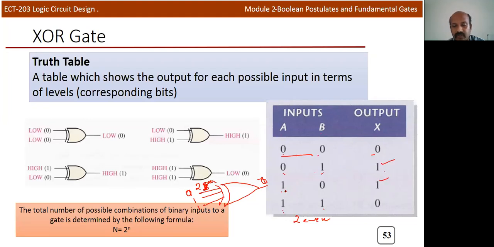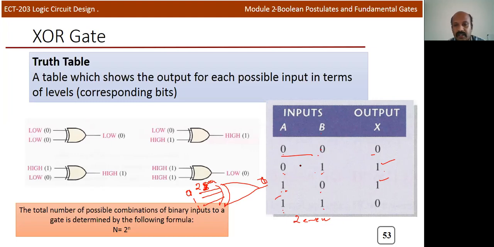Here one input is 1 and the other is 0, so the output is 1, because it detects inequality on the input side. Here both inputs are the same, so the output is 0. In this way also you can define the XOR gate.